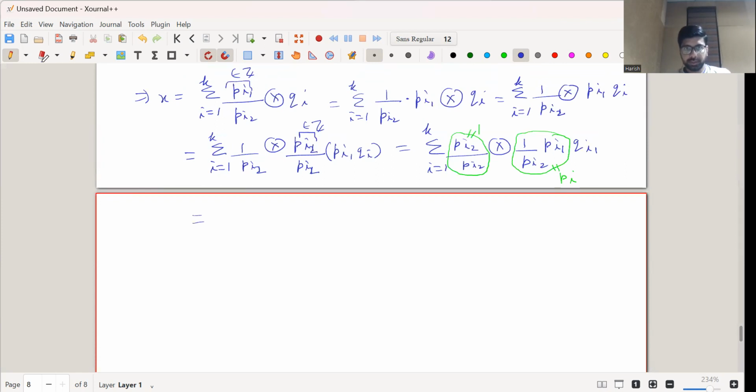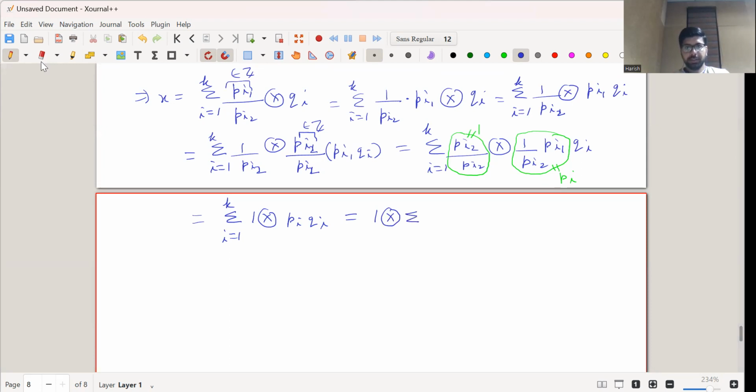So x is actually equal to summation over i equal to 1 to k of 1 tensor p_i q_i. Here I should not write i1, it's just q_i. Now this first coordinate is fixed, right? You are varying just the second coordinate. So you can take the sum inside due to the linearity.